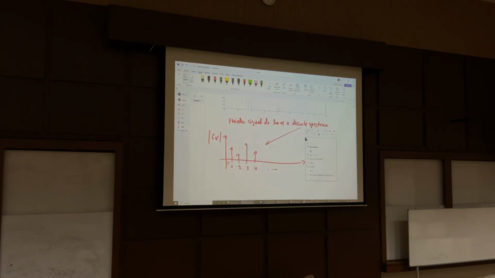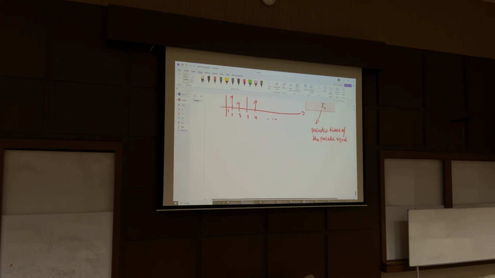And this T0 is the periodic time of the periodic signal. So if you have, for example, such a signal, here I make an example.